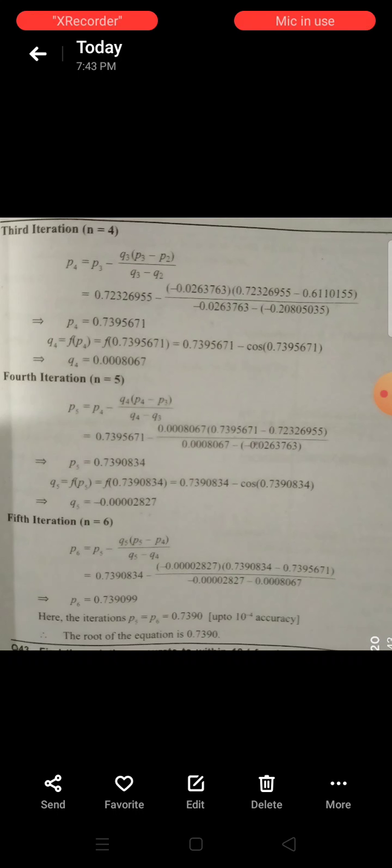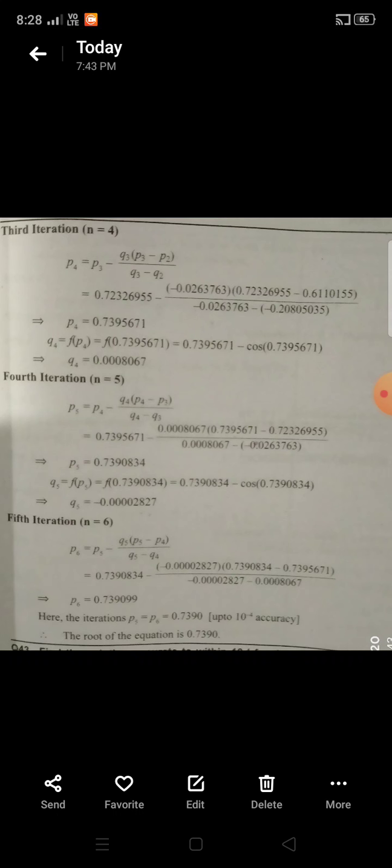We get P4 is equal to 0.7232695 minus 0.0263763 into 0.7232695 minus 0.6110155 by minus 0.0263763 minus of minus 0.20805035.